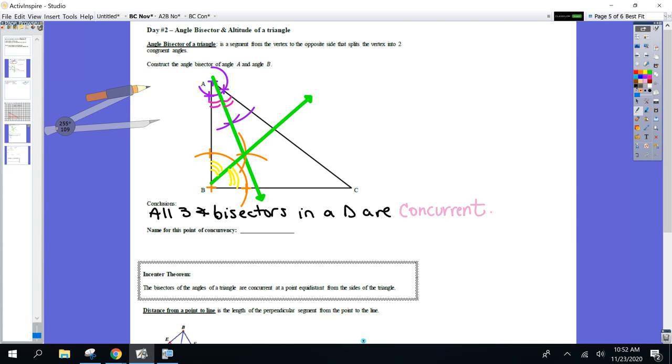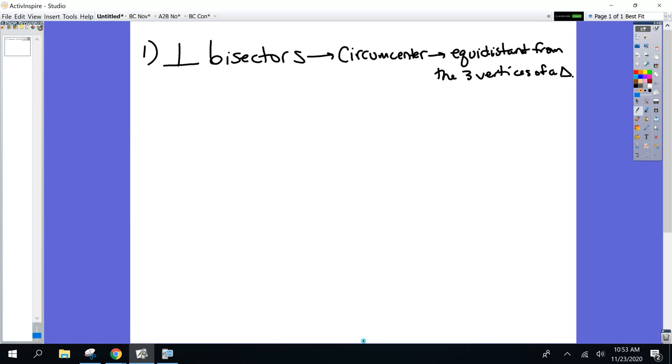Everyone with me so far? I want to make sure I'm slow on the explanation. All right, everyone mark the point where they're concurrent. Mark the point of concurrency, please, on your construction. I'm sure you can guess it's got a special name. Perpendicular bisectors, we called it the circumcenter. For the angle bisectors, everyone ready?